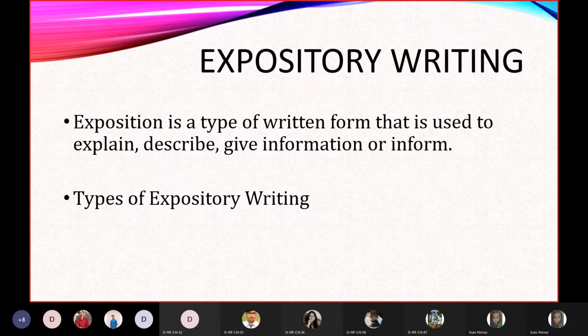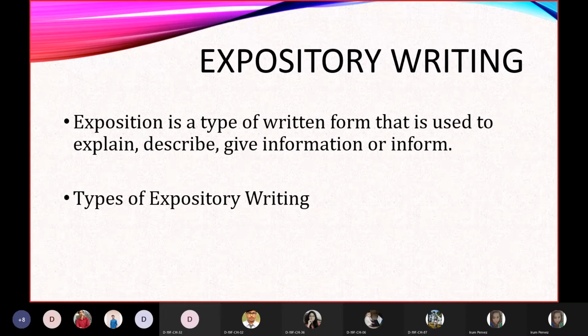Definitely you won't need narrative writing, because when you are writing your research paper, you are not going to write any story or narrate anything. And most of the time you may not use persuasive, argumentative, or reflective writing, but the only thing you would be using throughout your research work is expository writing. So it's very important to understand expository very well.